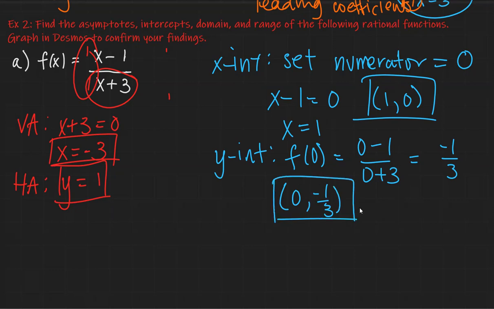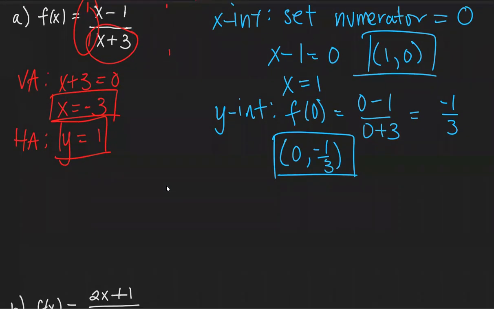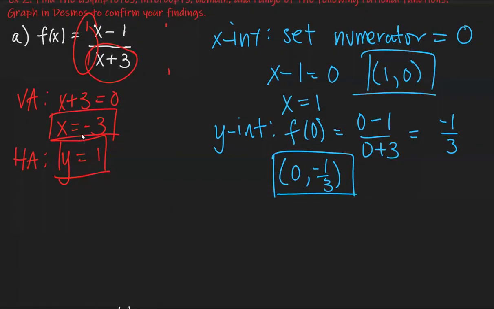All right. And then just so we're kind of consistent with what we've been doing so far, in the previous examples, we've found some function values, some y values for numbers on each side of the vertical asymptote. Let's do that again. Numbers on each side of the vertical asymptote, we have -4 and -2.